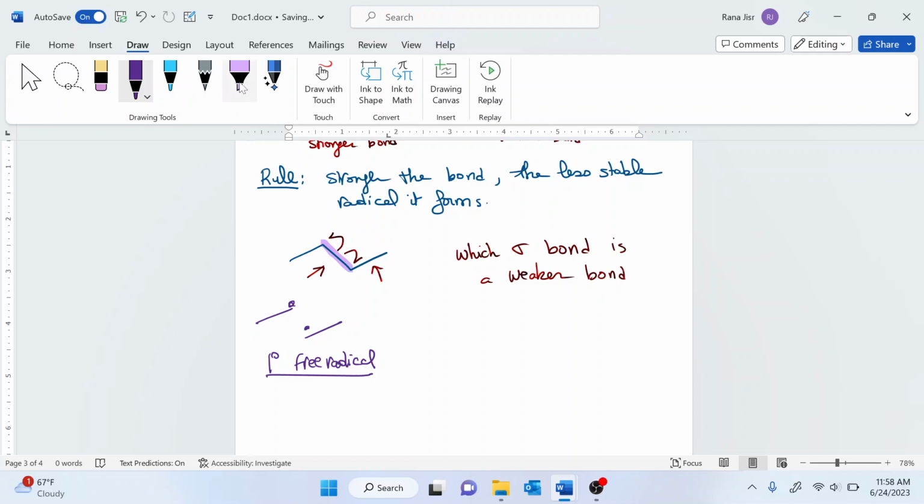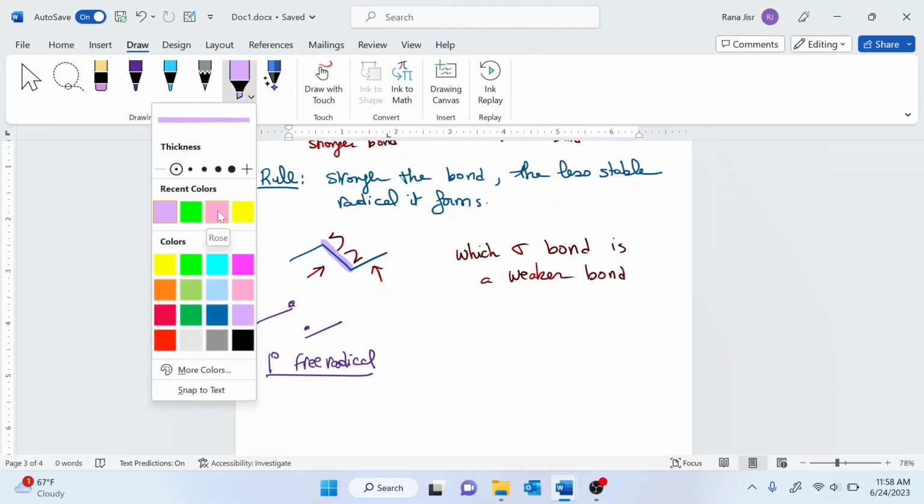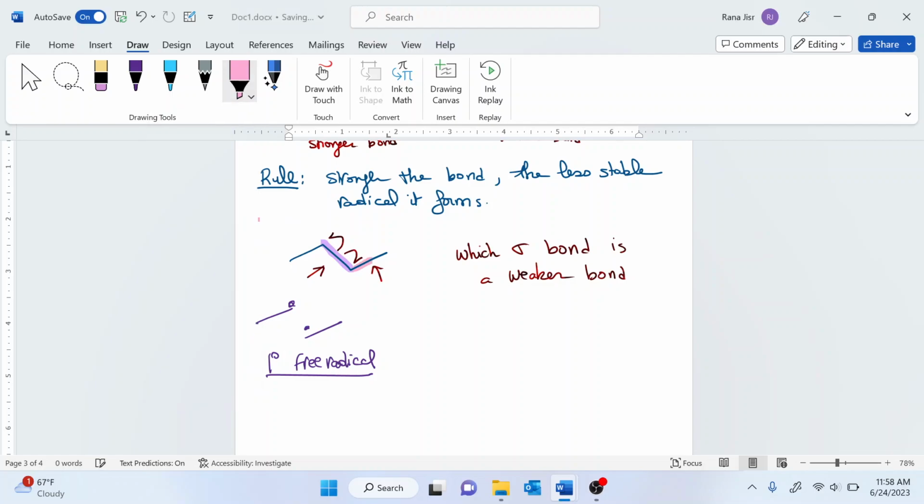But here, since we are comparing the strength of these two sigma bonds, we have to consider the second sigma bond over here. We do a homolytic cleavage again for that sigma bond and generate the radicals, and you're going to form a primary free radical and a methyl radical.